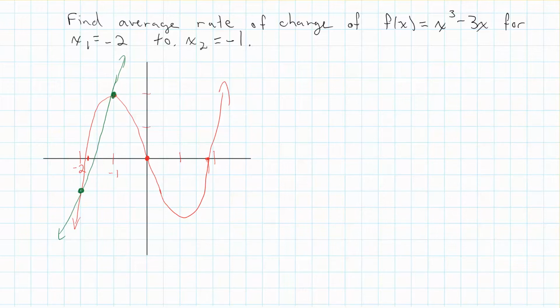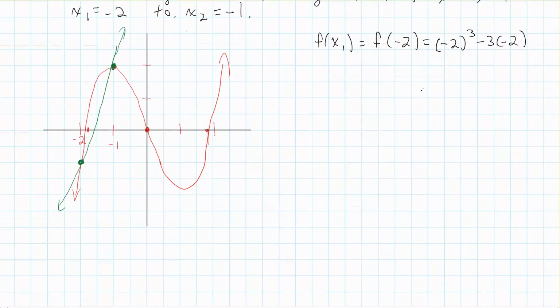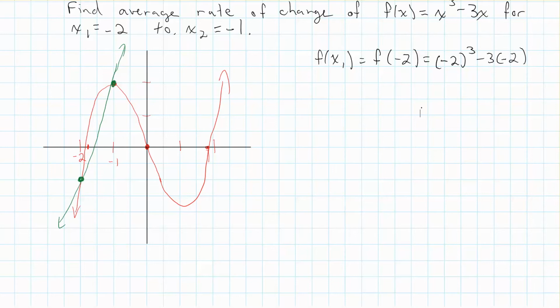Well, I have x1 is -2, so f at x1 is f at -2, which is simply -2 to the third power minus 3 times -2, which is just equal to -8 plus 6, which is -2. So I have a point, -2, -2.